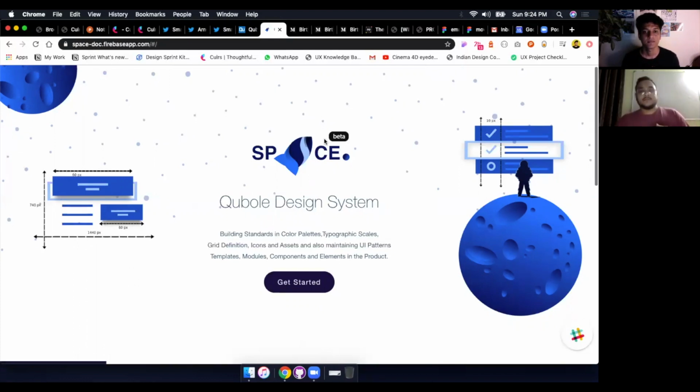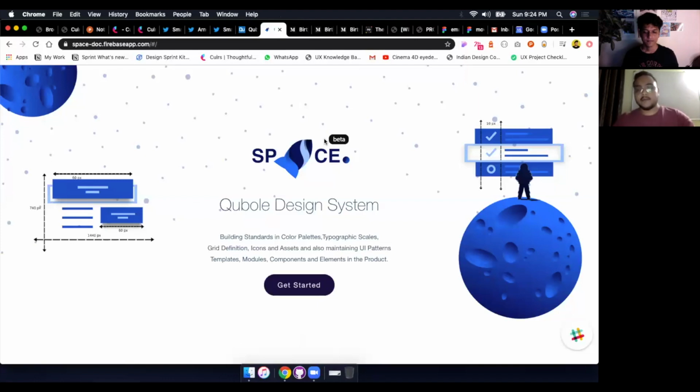So the major project, which I talked a lot about, is the Qubole design system that I did in my tenure of internship. In internship, I was making the base of it, and then when I moved into the product design role, I used this base and evolved it to a state where the three pillars of the company were using it: the product team, the engineering team, and the marketing team.